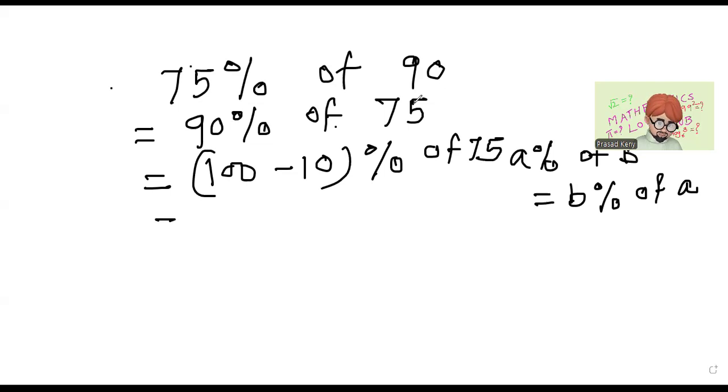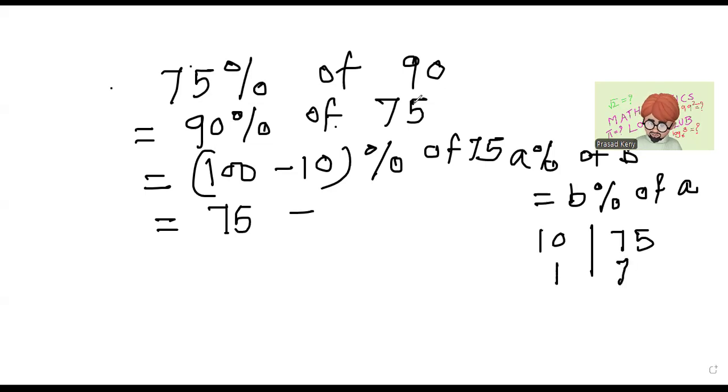Now 100% of 75 is 75, and 10% of 75: as I've shown you just now, I'm changing 10 to 1, that means I'm dividing by 10.